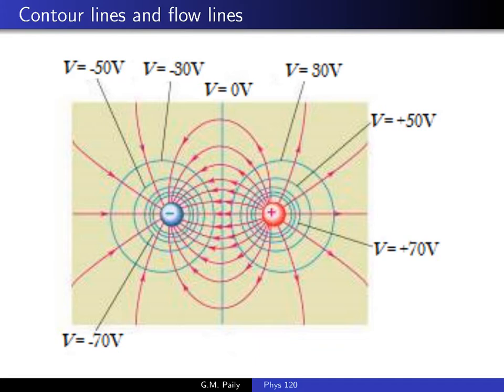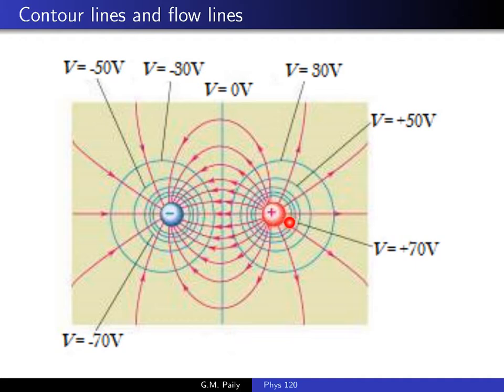Here is the example of a dipole. We notice a few points. Here along the perpendicular bisector is the zero potential line going all the way out to infinity. We see again that the equipotentials are not evenly spaced, and we notice that the circles distort as they start feeling the influence of the other charge.